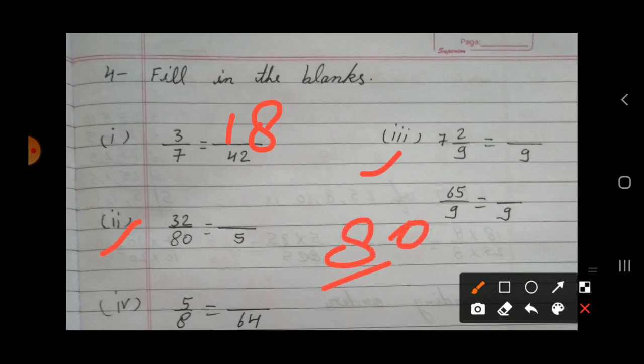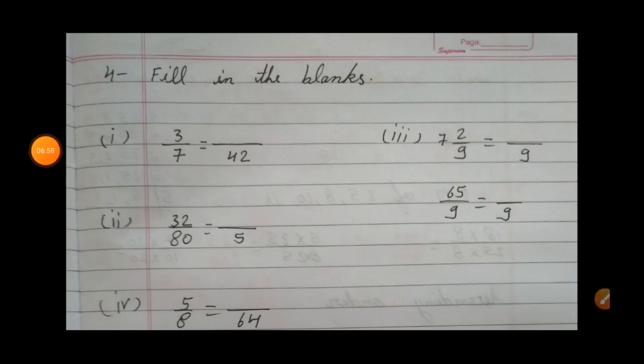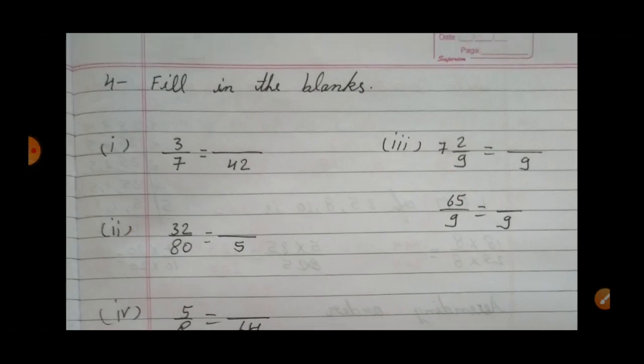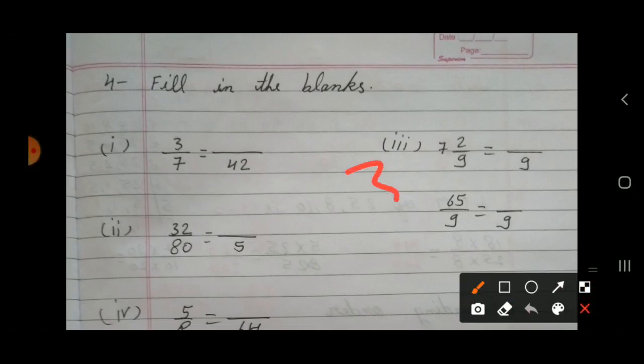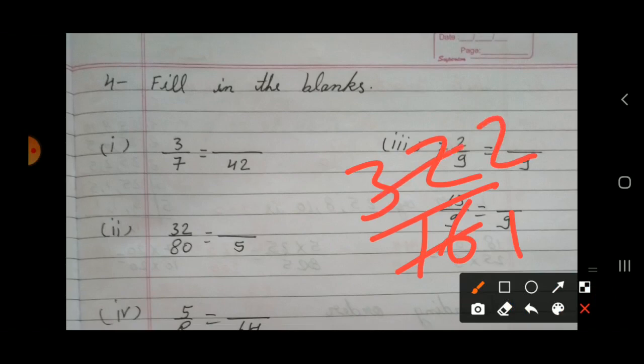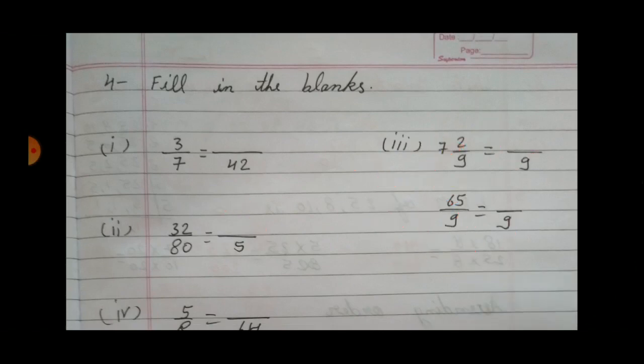If you divide this 80 by 5, 5 ones are 5, 5 ones are 5, 5 sixes are 30, 16. It means 16 times it is multiplied. Now you have to take 16. 32 divided by 16, then what are you getting? 16 ones are 16, 16 twos are 32. It means 2.